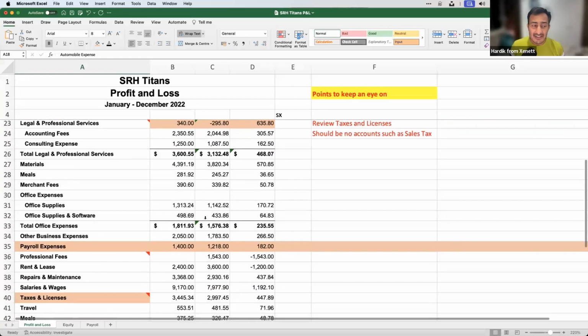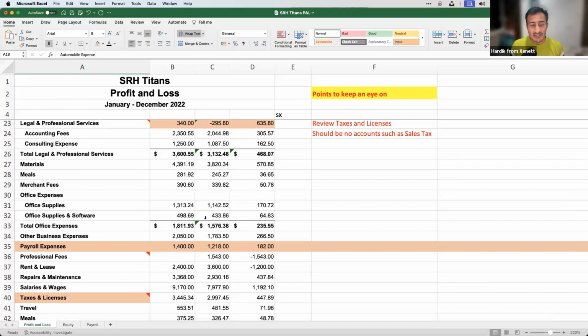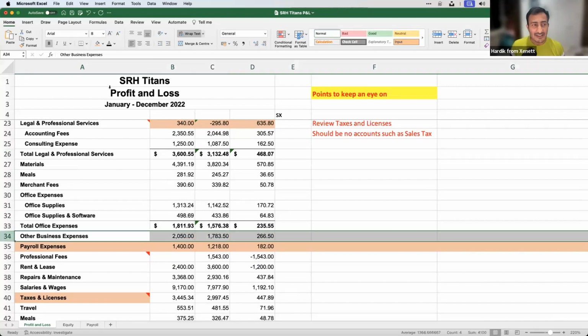Similarly, there are some identical accounts or some generic accounts which we should not expect, like other business expense account. I would not want to ever have accounts like other business accounts or general expenses or miscellaneous expenses, because then it will always leave room for anything being misclassified, right?